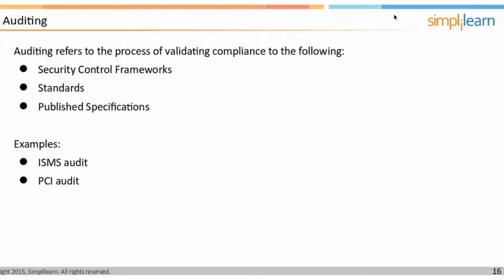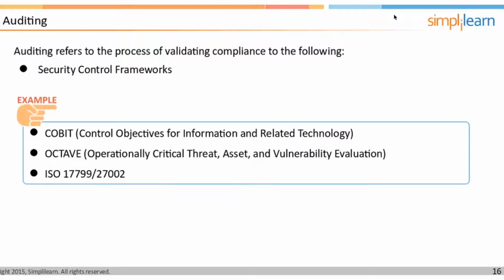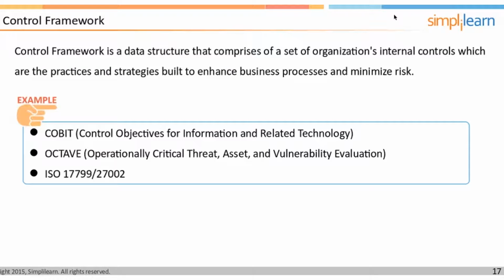And so moving forward, auditing is one of the ways to ensure there is compliance, and we will talk about this in detail later on. We can use some of the existing frameworks. For example, COBIT is very popular. COBIT stands for Control Objectives for Information and Related Technology. This is from ISACA.